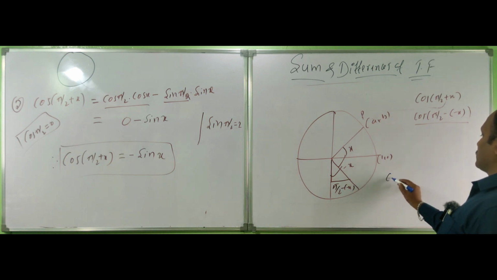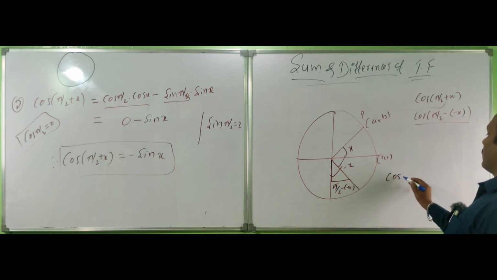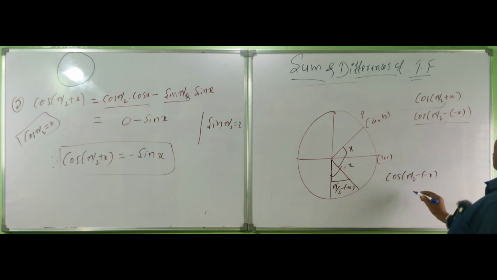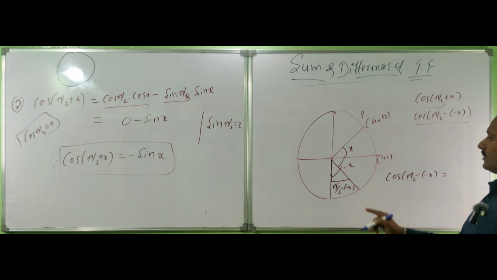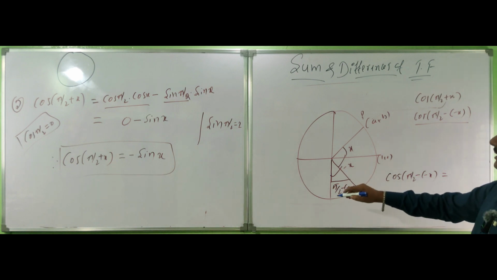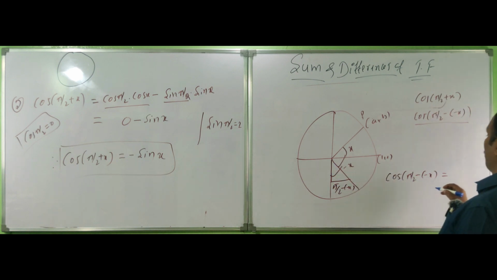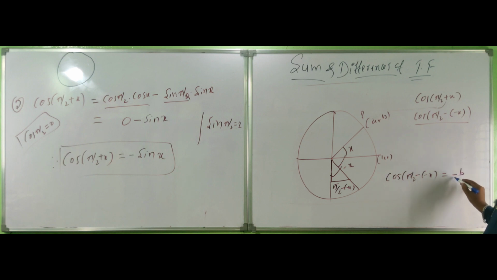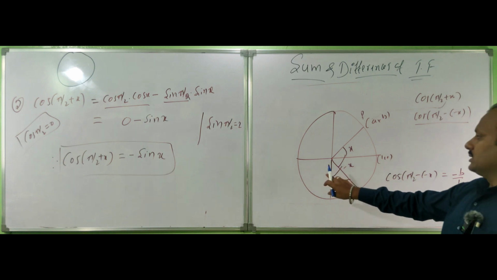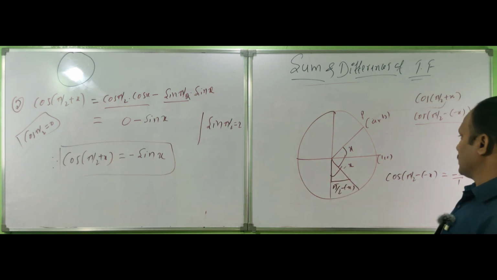Cos of pi by 2 minus x gives what? What is the adjacent? This is minus b over 1. By our trigonometric condition, this is the adjacent to this angle.